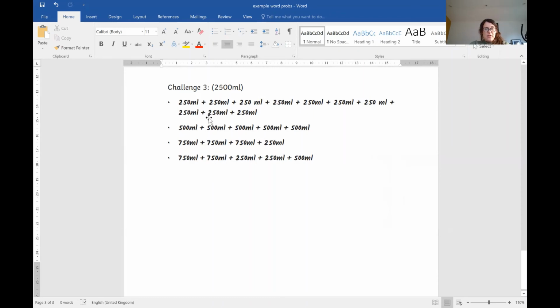In fact, there's lots of other ways people have worked that out. Okay, and here, this is possibly the longest one. If you think about it, your brain will think about it in different ways, but the 250 plus the 250 is going to be 500. So I'm thinking to myself, that's 500 there, that's 500 there, so that makes up 1,000.